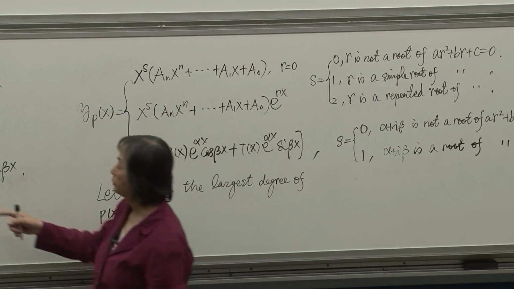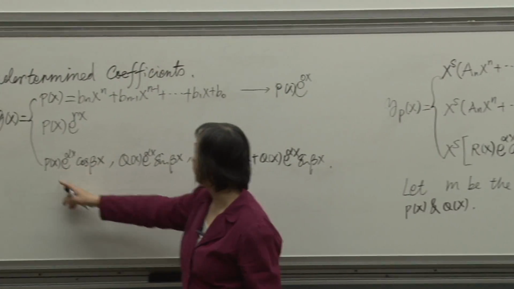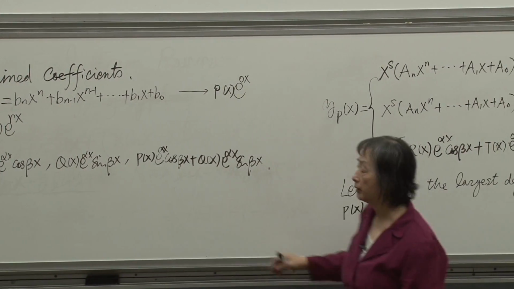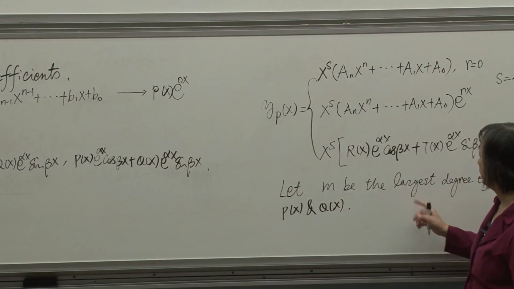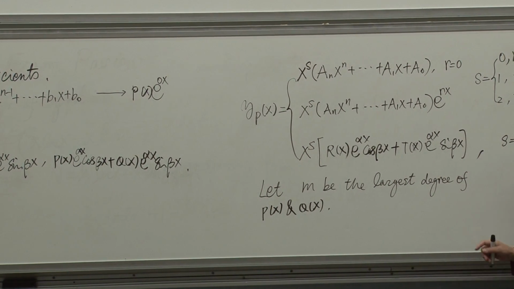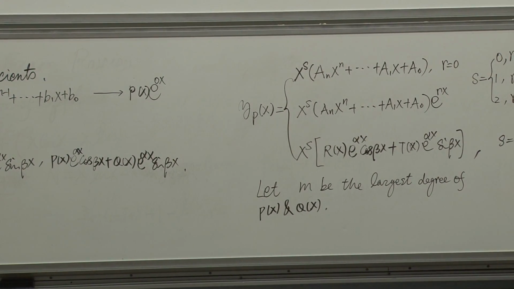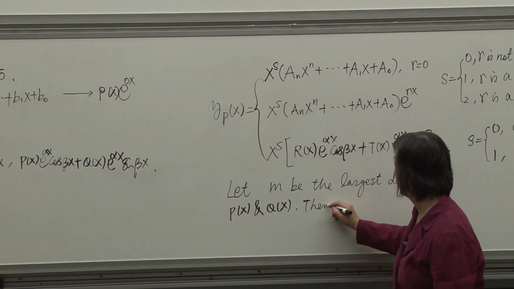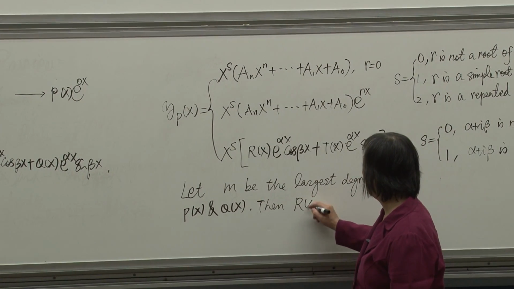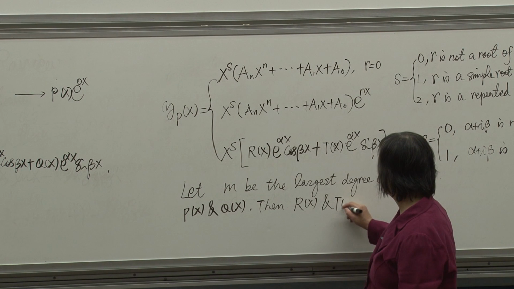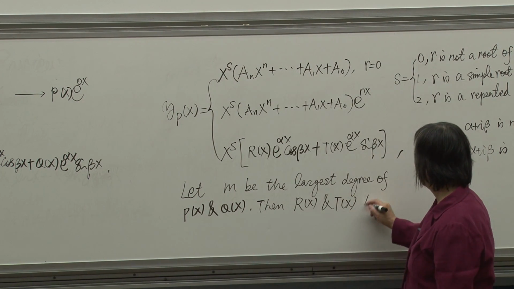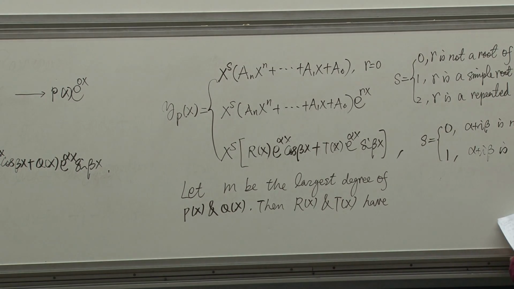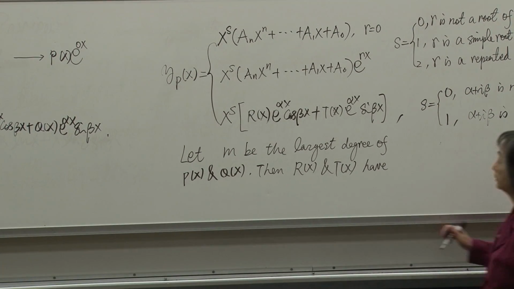We look at the degree of p of x and q of x. They are polynomials. We choose m to be the largest degree among the degrees of p of x and q of x. Then both r of x and t of x should have degree m.